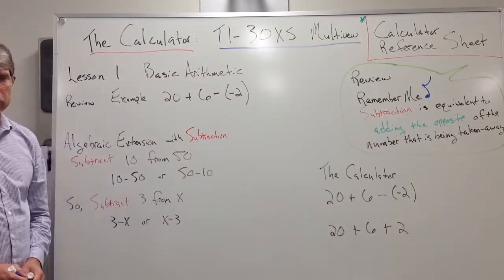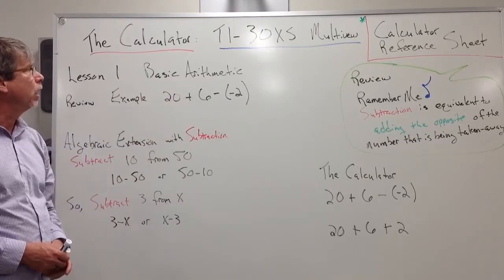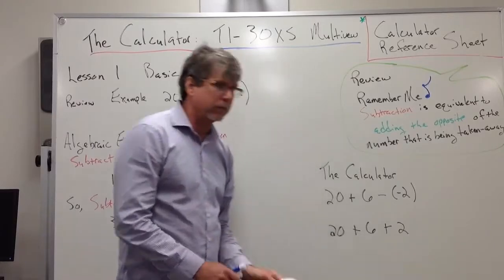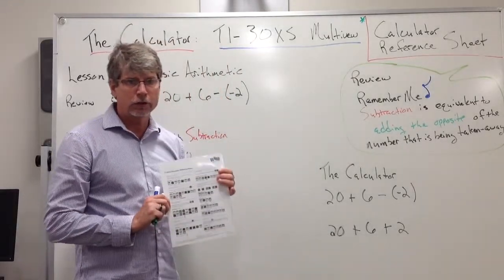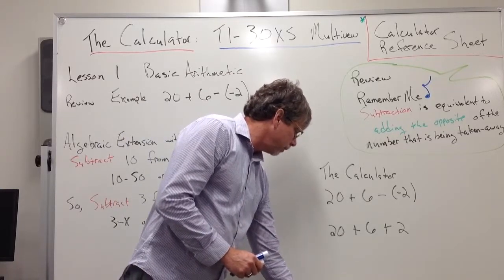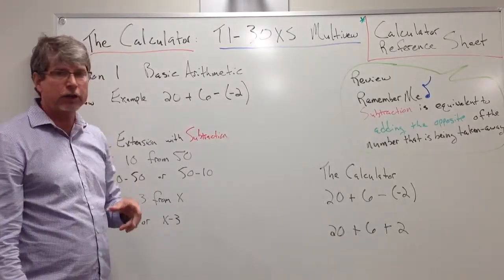So let's finish up lesson 1 with basic arithmetic. And again, we're talking about the reference sheet using the GED calculator. I want to just finish up with some things on subtraction.